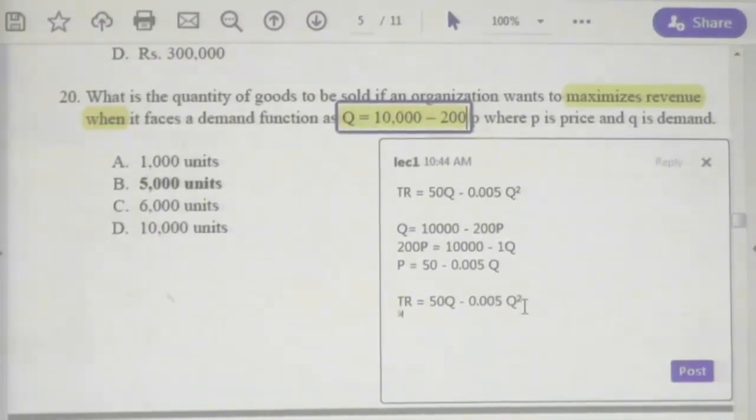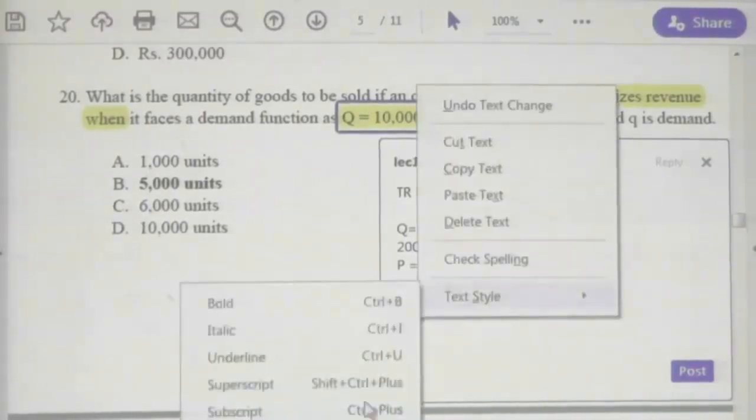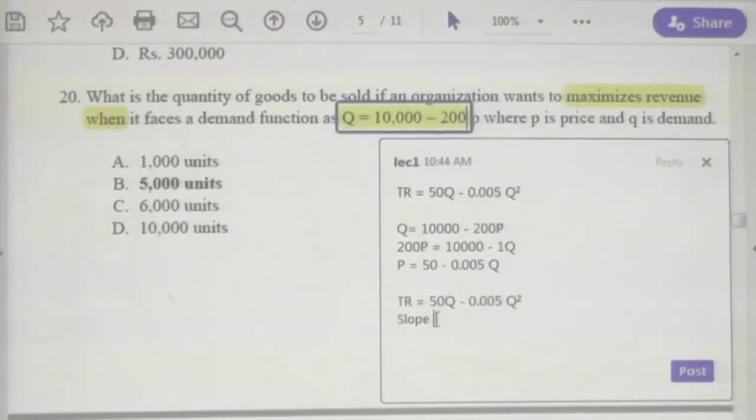Therefore, slope equals dTR divided by dQ.